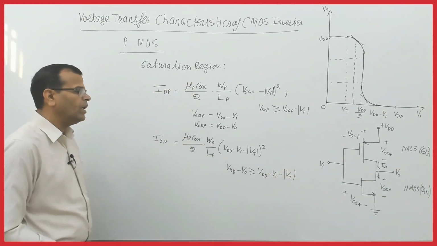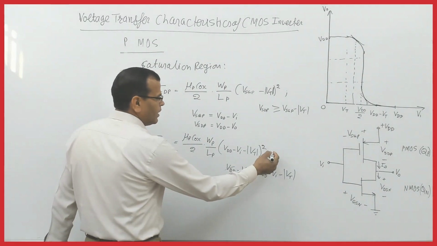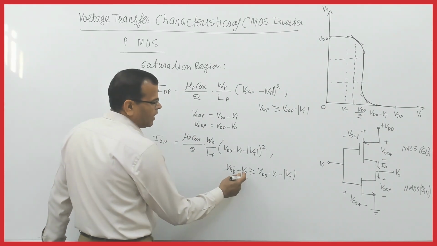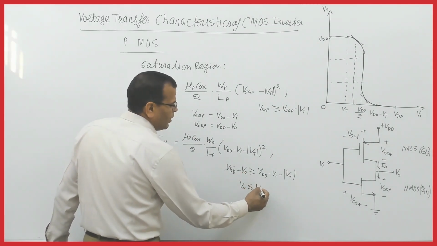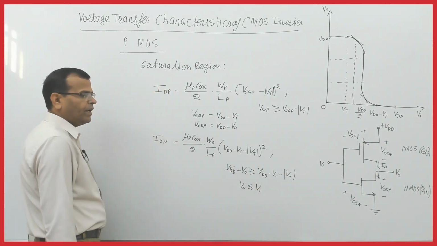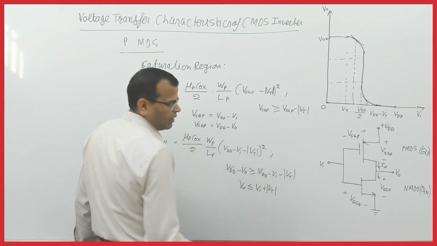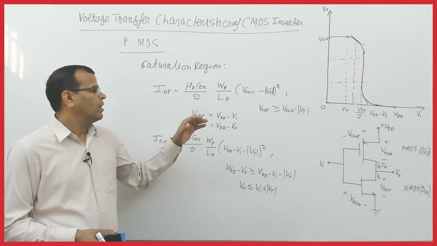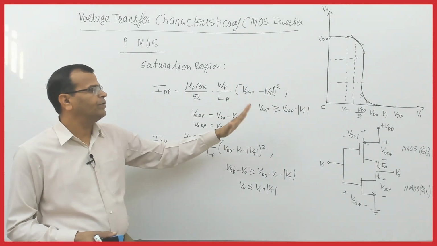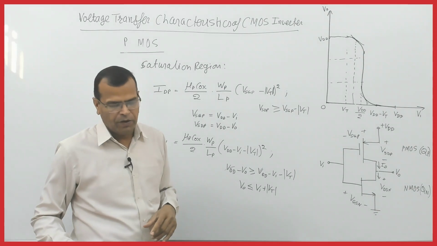That is the condition, and you can see VDD and VDD are cancelled out. That is the condition, and this is minus, so you can make it V0 less than or equal to VI plus mode of VT. This is the condition of operation in saturation region of PMOS. Fine.